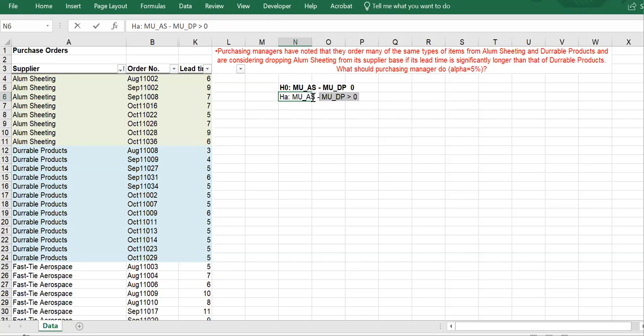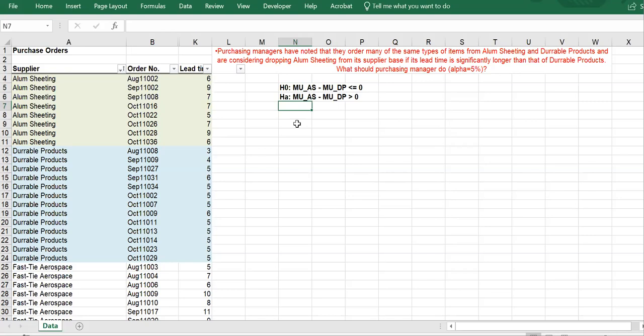So this statement I put in my alternative hypothesis, and the opposite, including equality, goes to the null hypothesis. So this is basically the development of the null and alternative.